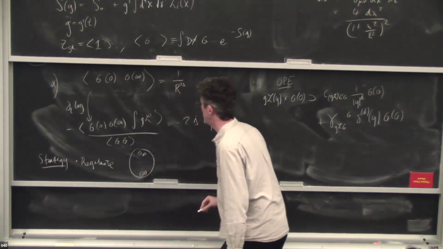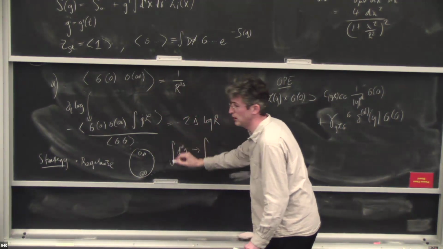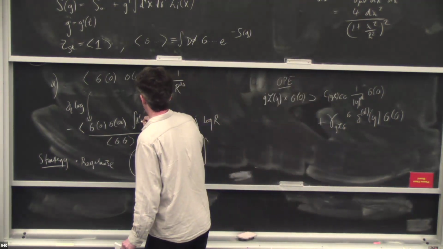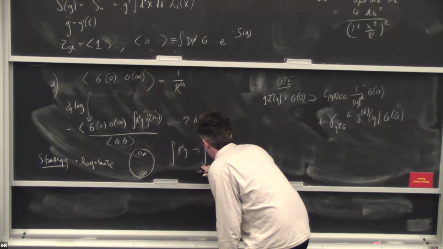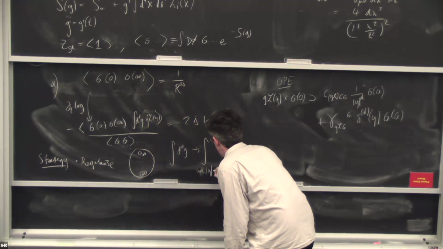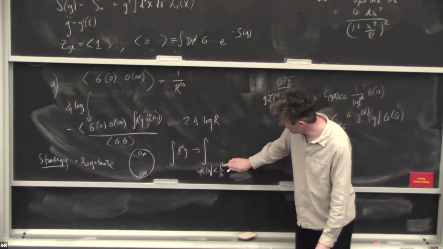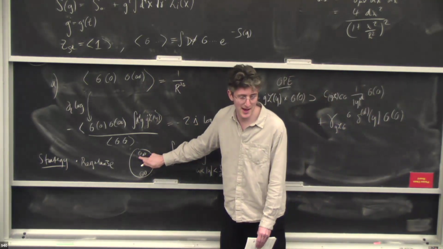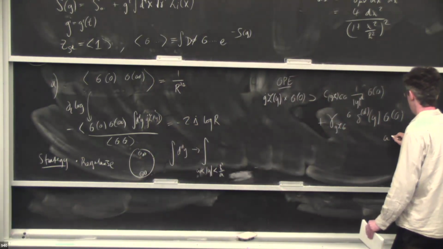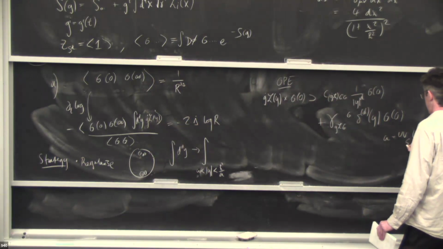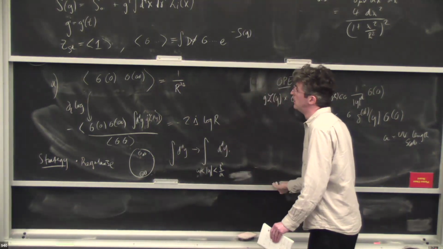What that means in practice is that we replace this integral over y with an integral on the domain where the modulus of y is between a and R squared over a. In these coordinates, R squared over a corresponds to the ball of radius a around infinity. You can see that by applying the inversion map to this cutoff. So a is the UV length scale.